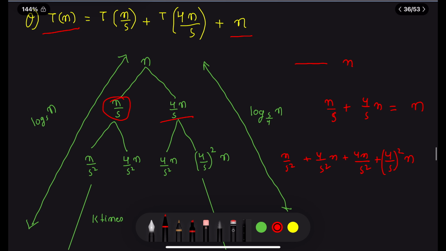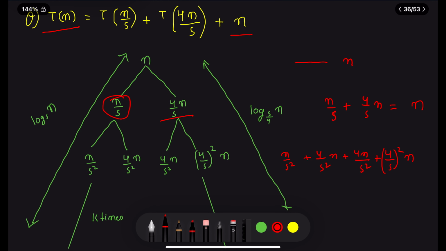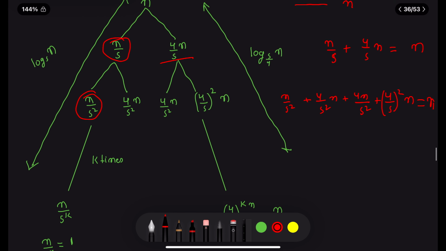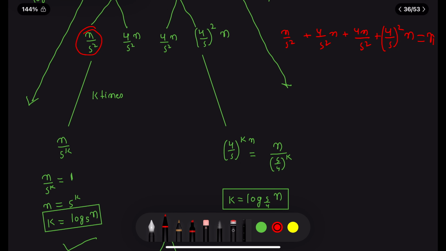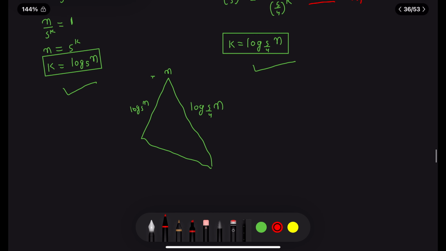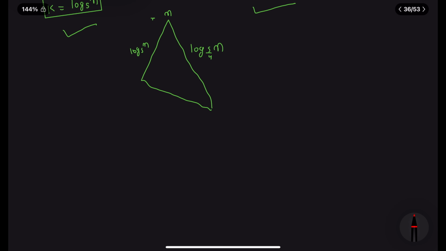Whatever the input is, that will be the extra time consumed. So for n/5 squared as the input, it will consume n/5 squared time, and this will sum to n. And for the kth level it will also consume n units of time. If we sum all these values, we have n for the first level, n for the second level, n for the third level, and n for the kth level.